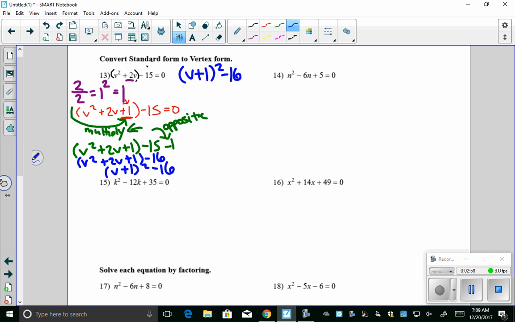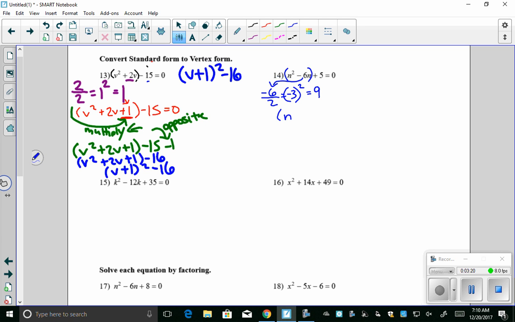Number 14. Put parentheses around your variables. Pull out a negative 6. Divided by 2, and you get negative 3. Square it. Negative 3 squared is a positive 9.